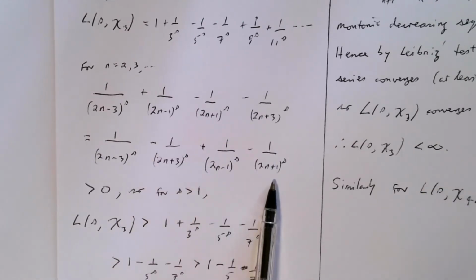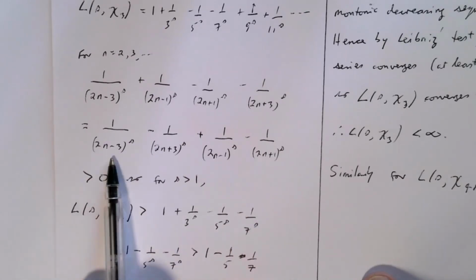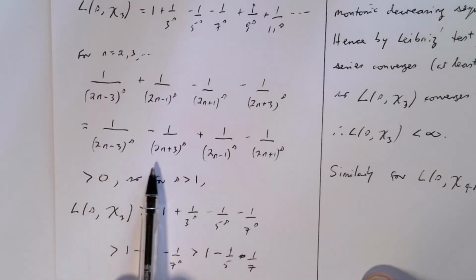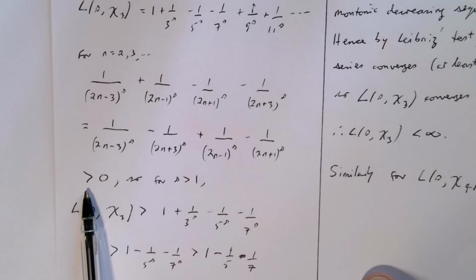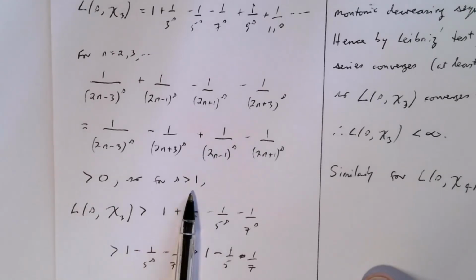And the point is then that each of these is going to be positive, so this sum is going to be positive for s bigger than 1. I'll leave you to check that makes sense, that when I do that, this sum is bigger than 1.